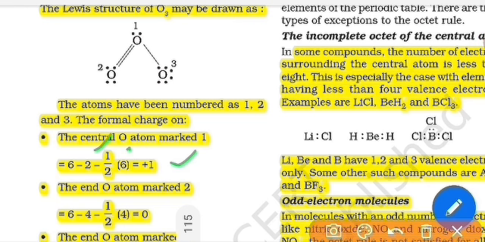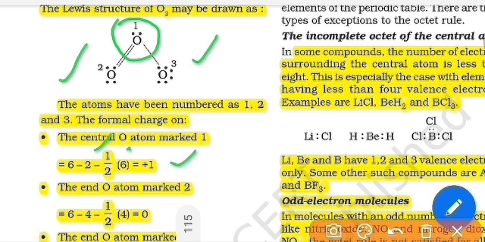Here 6 is the number of shared electrons for this oxygen atom 1. This oxygen atom 1 is sharing 6 electrons with oxygen number 2 and oxygen number 3, as it is making a double bond with oxygen 2 and a single bond with oxygen 3.